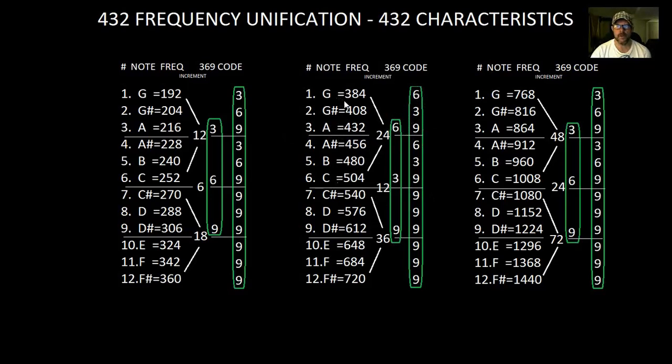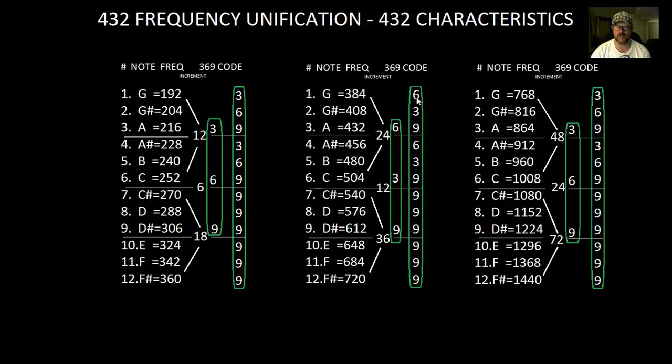So one of the things I found in doing all this is that this one line of code shows one code, but then when you go up an octave, it's slightly different. So in this one, you've got a 369, 369.